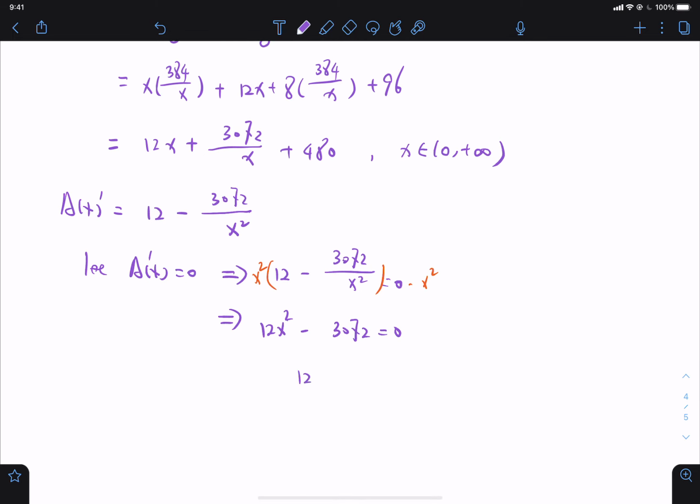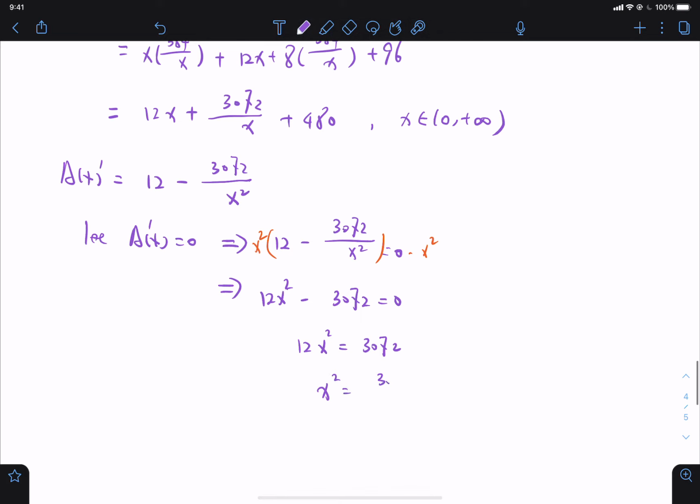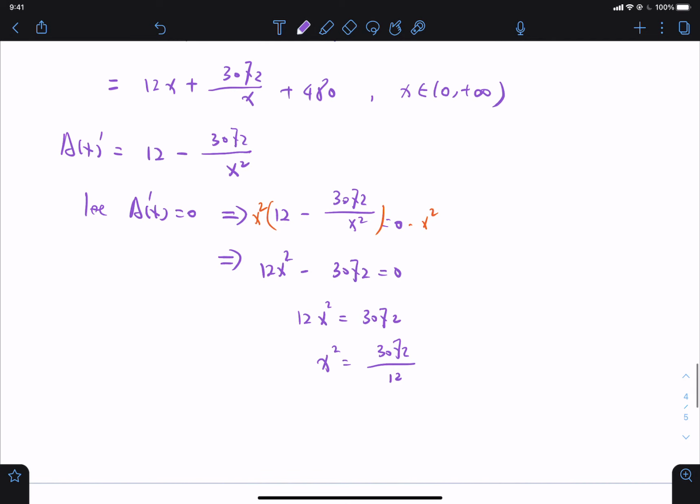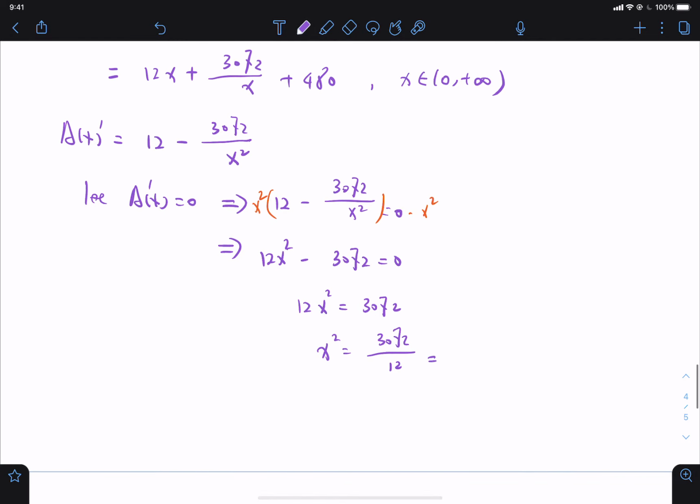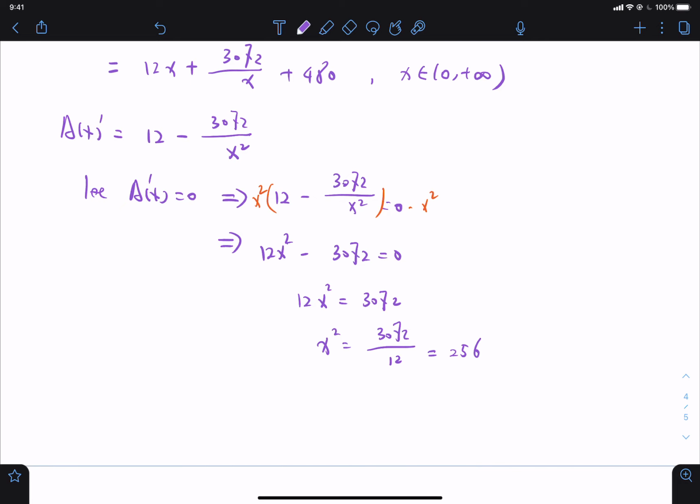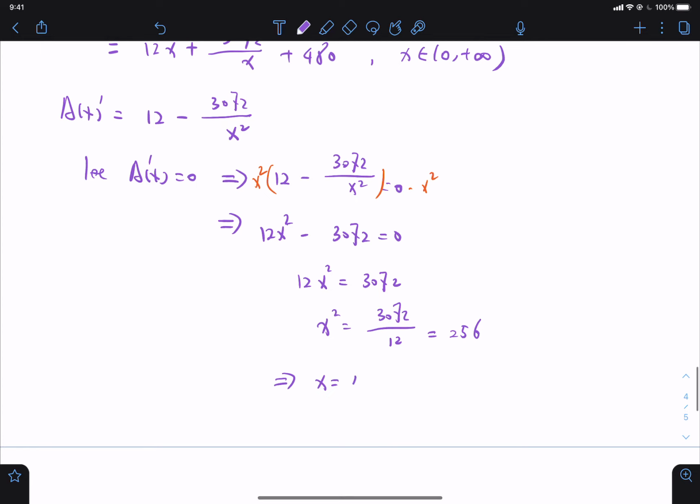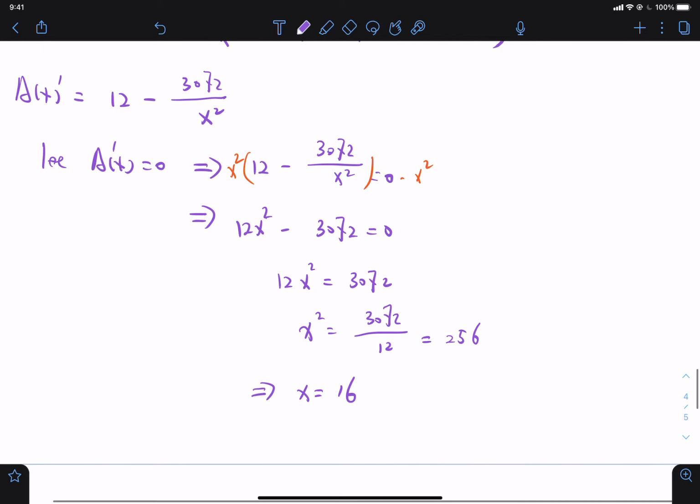Now x squared is equal to 3072 divided by 12, and this is equal to 256. And now we have x equal to 16. Of course, we also have negative 16, but that is not in our consideration because x cannot be negative.